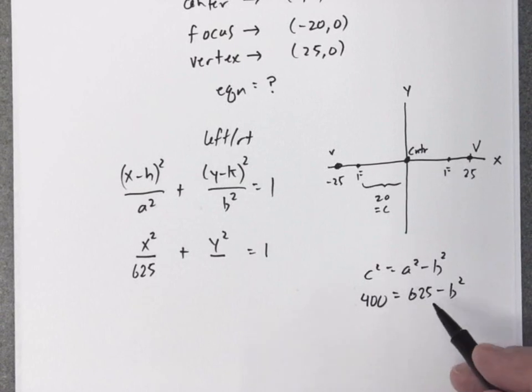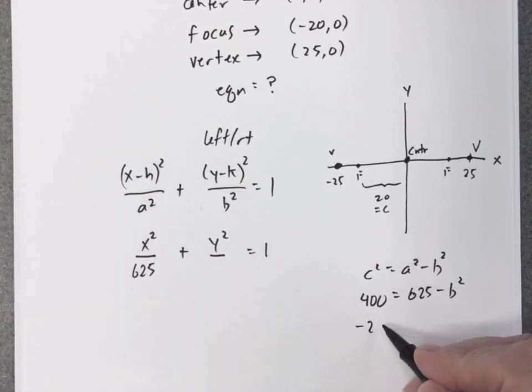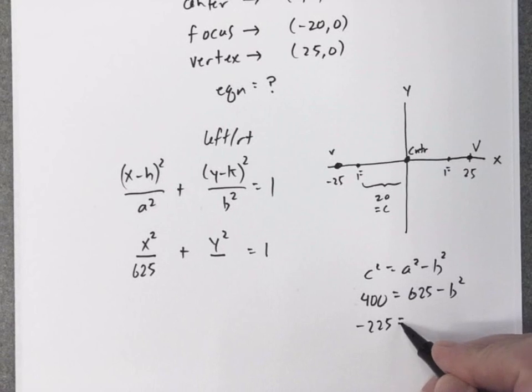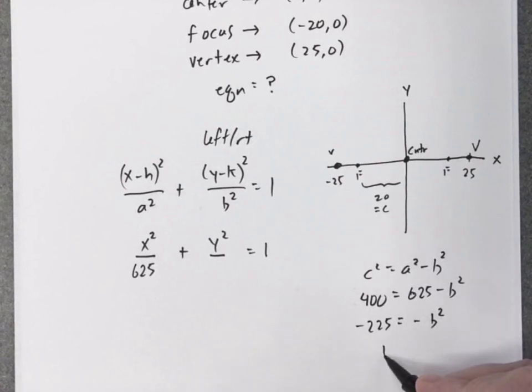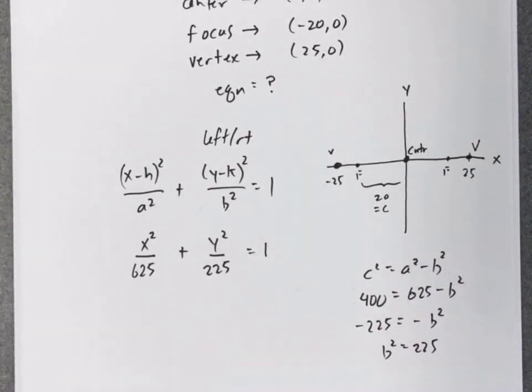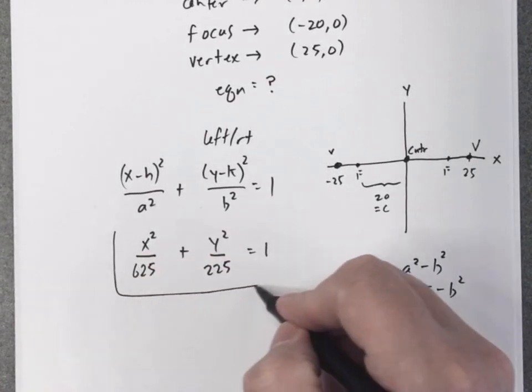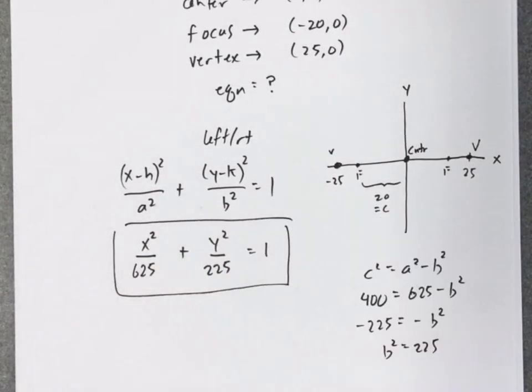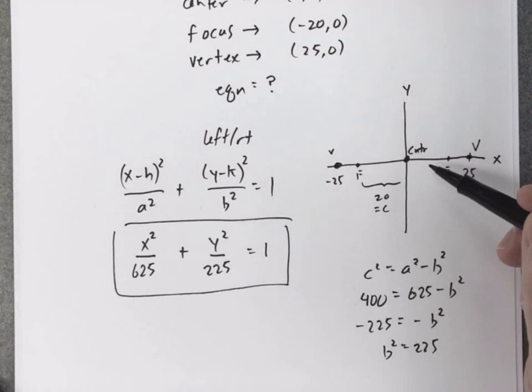So if I solve for b squared, if I subtract 625 from both sides, and there you have the equation of this ellipse. Oh, and in this problem, they actually ask us to graph it. So let's finish this.